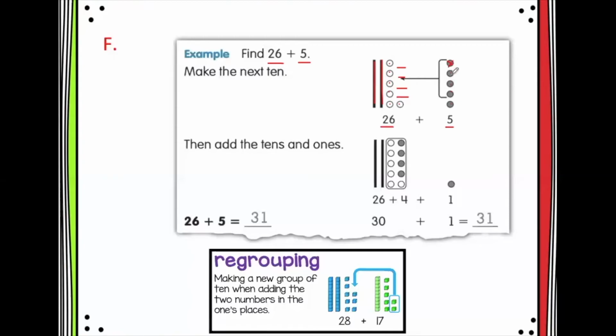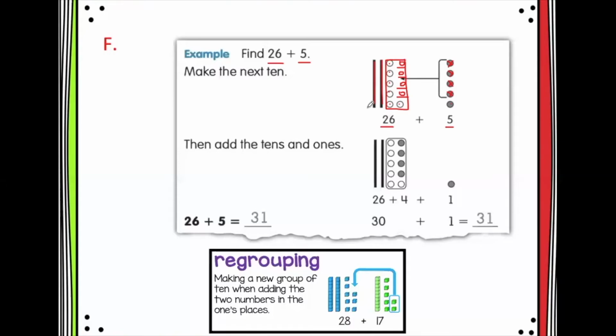I like to cross them out so we know that they are now moving to the other side. 1, 2, 3, and 4. Now we have a full group of 10, and I like to circle or box that up to remind myself that now that's a full 10.